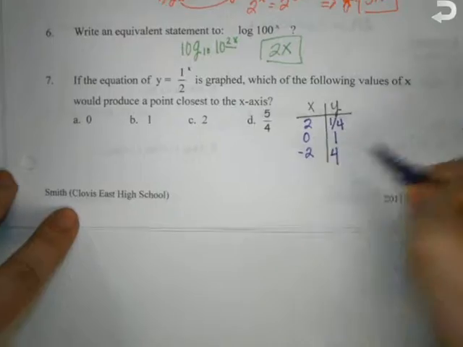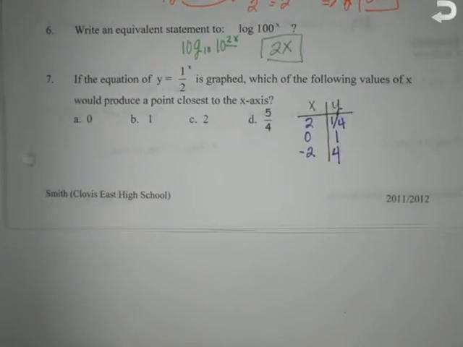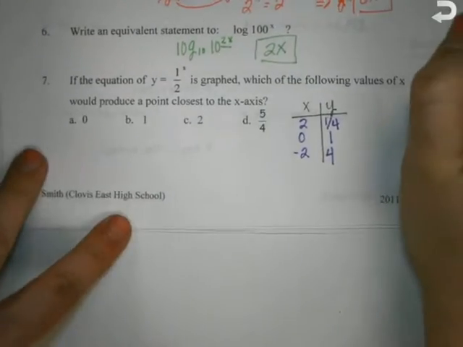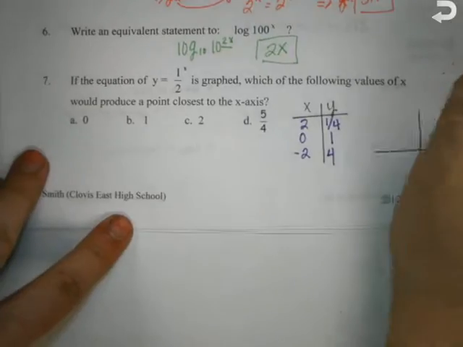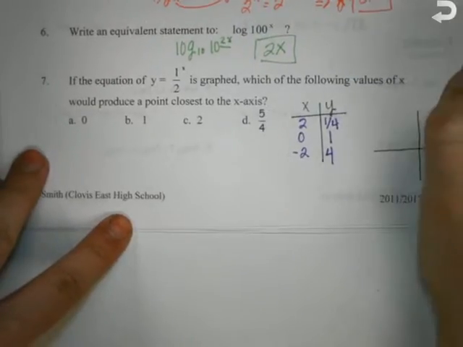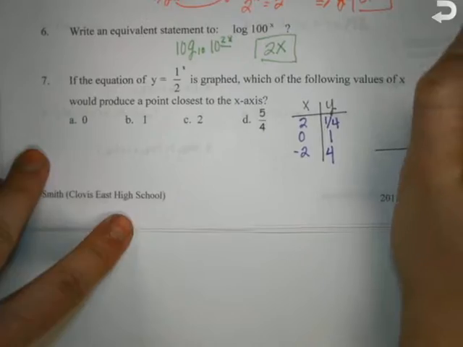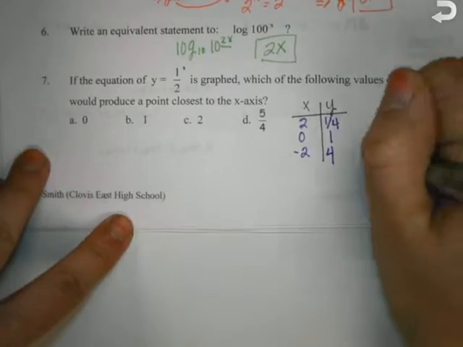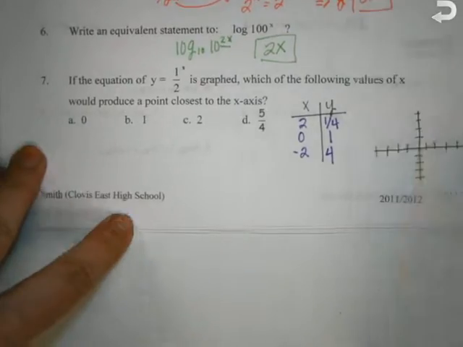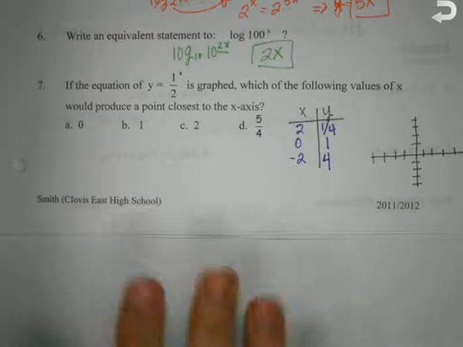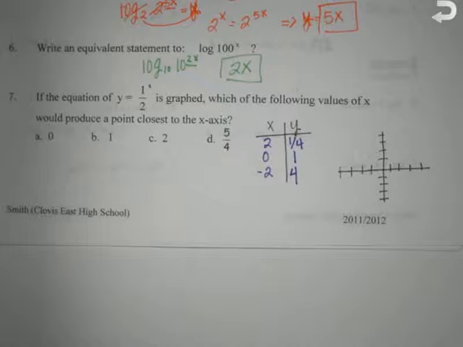Let's graph it and see what happens. Off to the side here, I'm going to draw a graph. Our biggest number is 4, so let's go 1, 2, 3, 4. Let's graph this thing. 2, 1/4 is my first point.